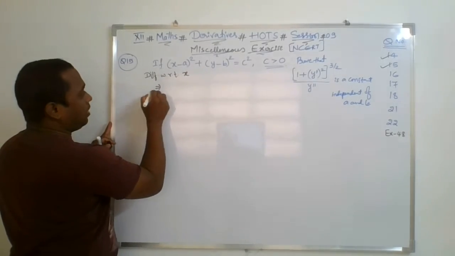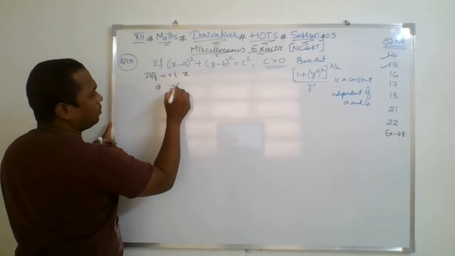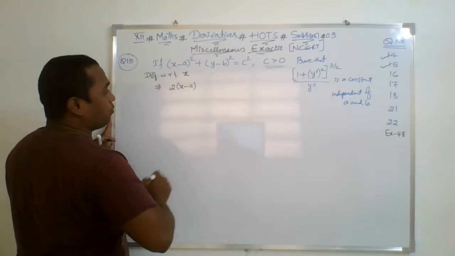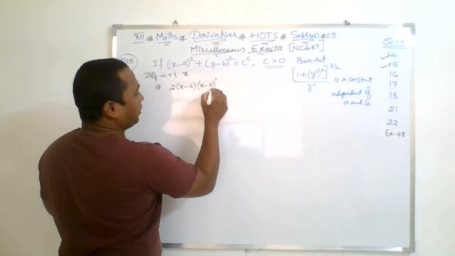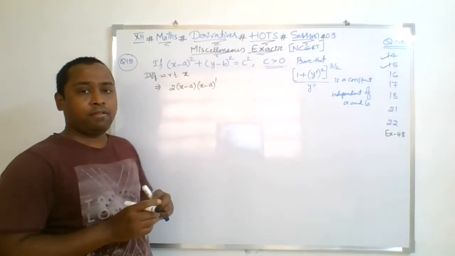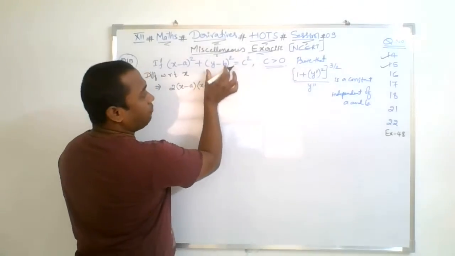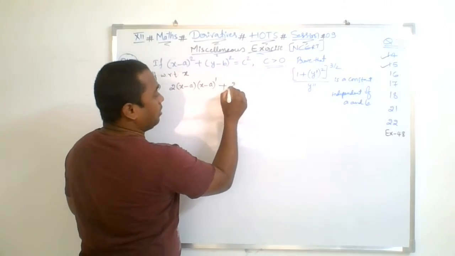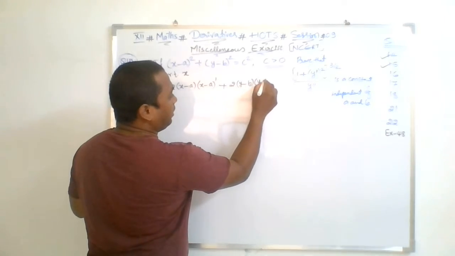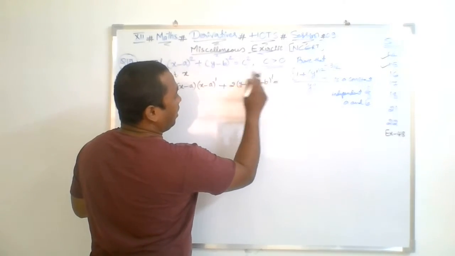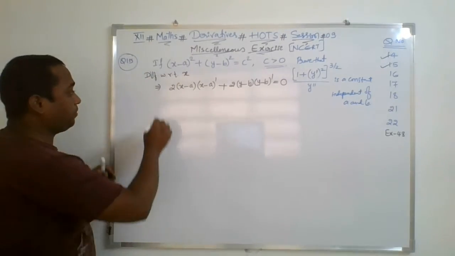So it is in the form of x square, hence its derivative is 2 times x, that is this one, into the derivative of x minus a. That is what we are following, the chain rule over here. Similarly, it is again in the form of square, so first 2 times y minus b into the derivative of y minus b, and the derivative of c square is 0 since it's a constant.